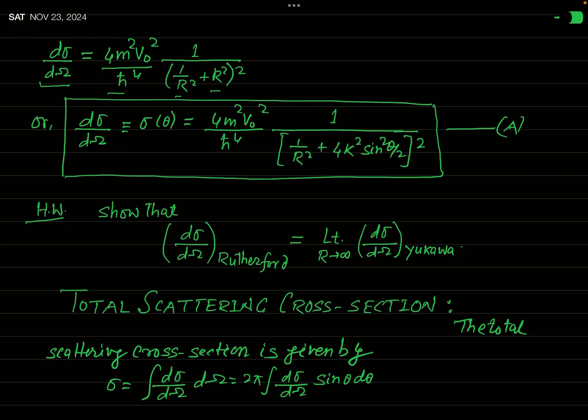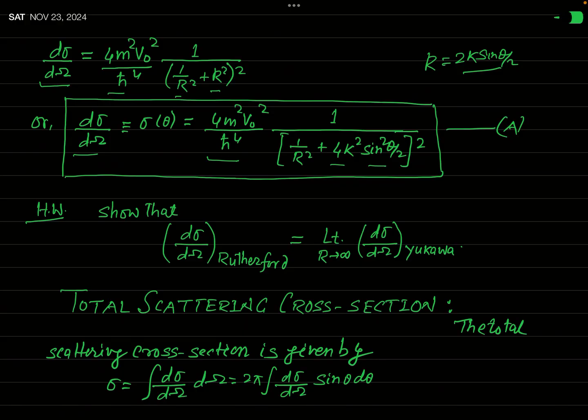When you put κ equal to 2k sine θ by 2, as we have seen earlier, after substituting this value of κ the expression for dσ/dΩ becomes 4m² v₀² over ħ⁴ times 1 over (1/R² plus 4k² sine² θ/2) whole squared.